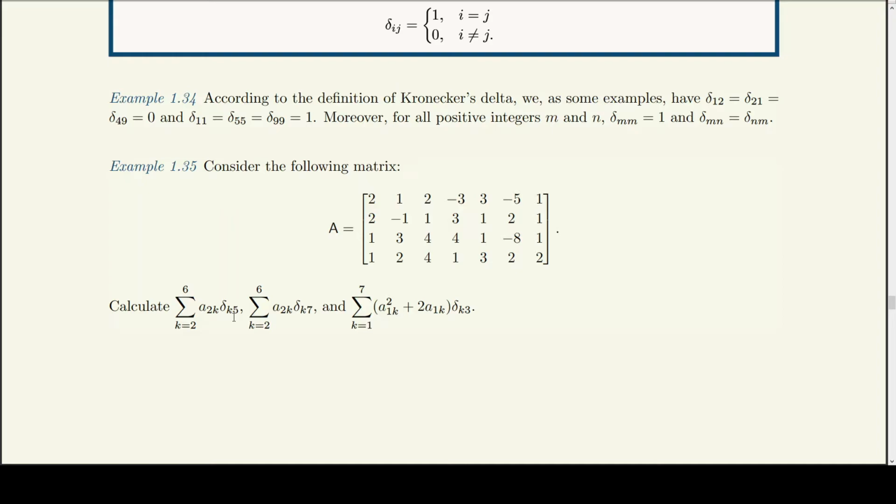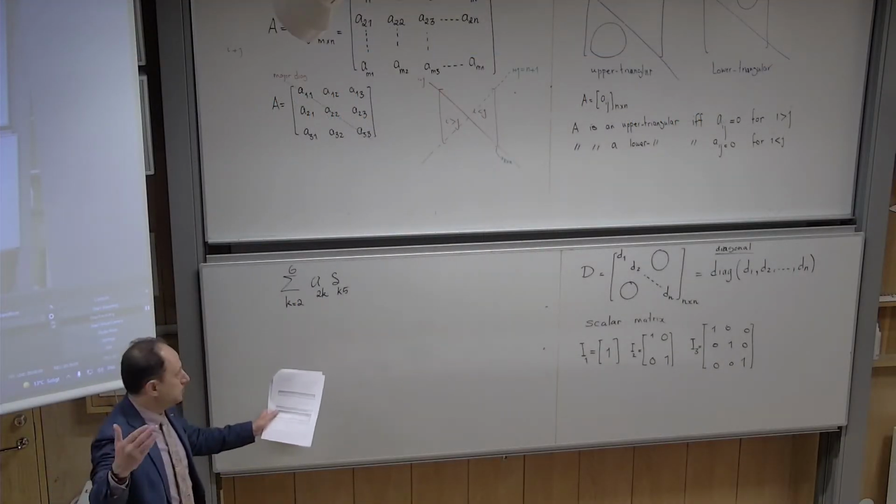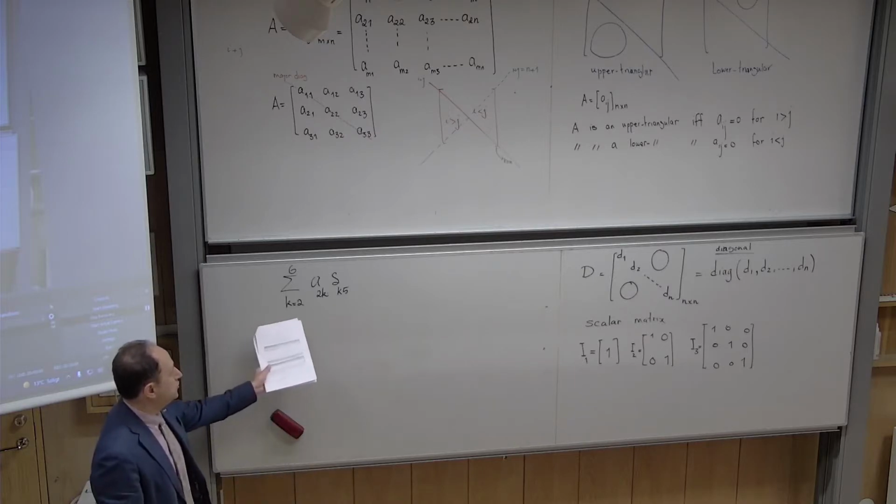Now let us try to calculate this. Of course, I cannot show you the matrix simultaneously, but if you have your laptop, you can put the PDF file in front of you so that you can also see it. Before doing that, I want to forget about the matrix, whatever it is, and expand this sigma.